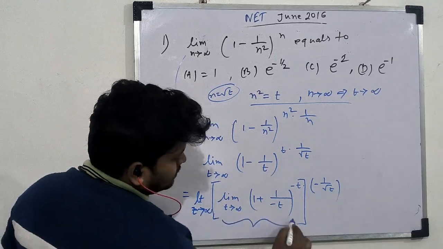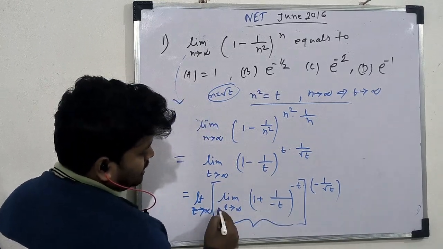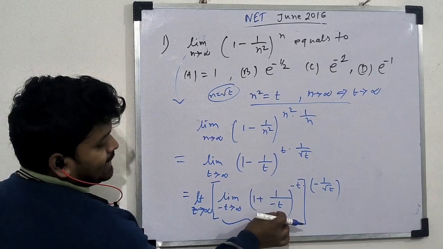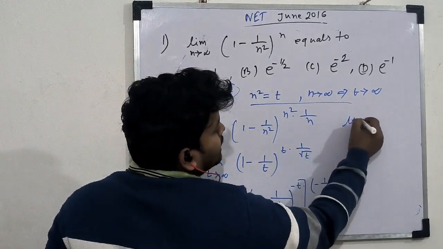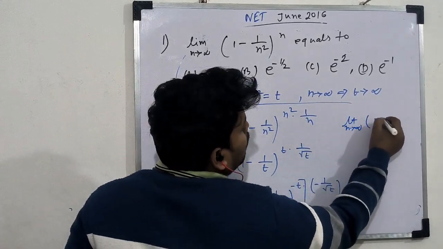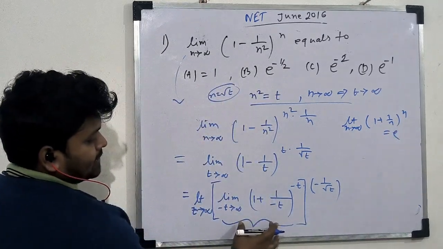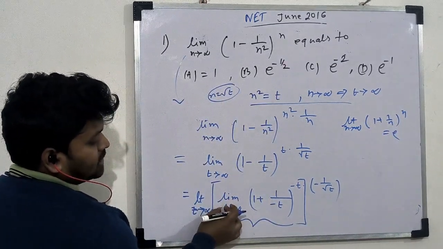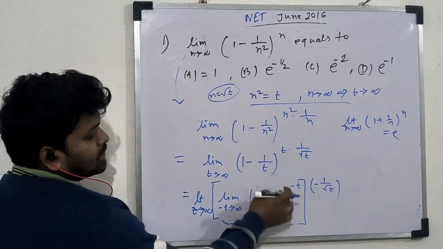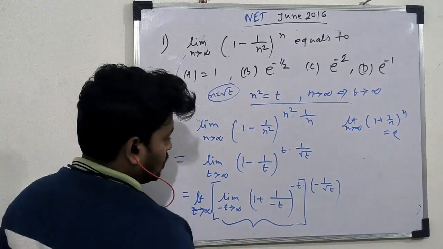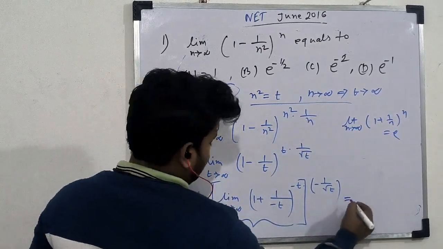So therefore this part will be, so this is minus t tends to, so this will be e, as we know limit n tends to infinity (1 + 1/n)^n equal to e. So this is similar as this. So if we put minus t equal to n, then we get exactly same. So therefore this will be e.